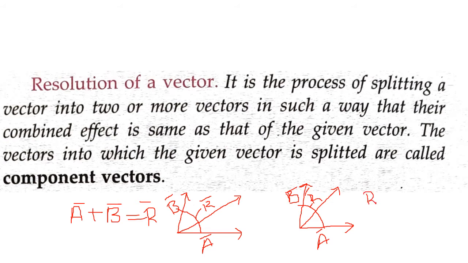So my resultant vector R equals A vector plus B vector. So this is just the opposite case of your vector addition.